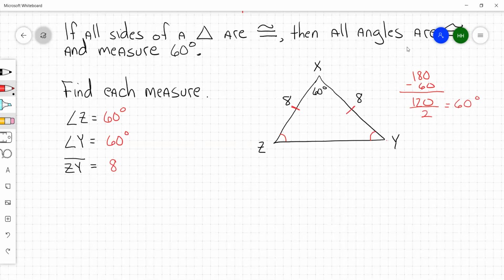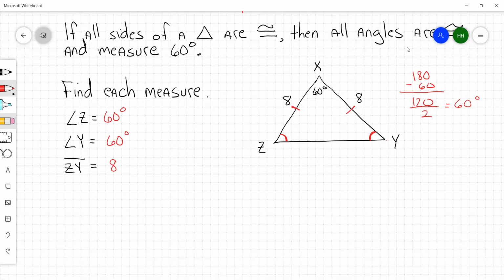So you take away 60 from the 180 and then you divide it by 2. Like, why did you divide it by 2? Divided it by 2 because angle Z and angle Y are congruent to each other, so they have to be equal to each other.